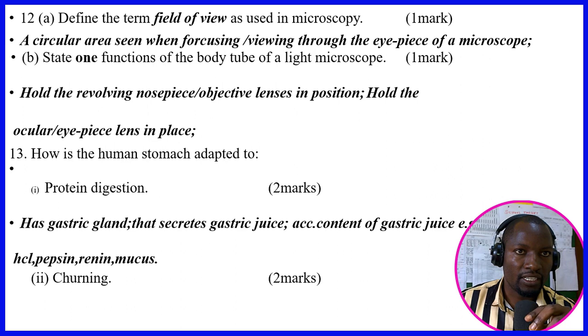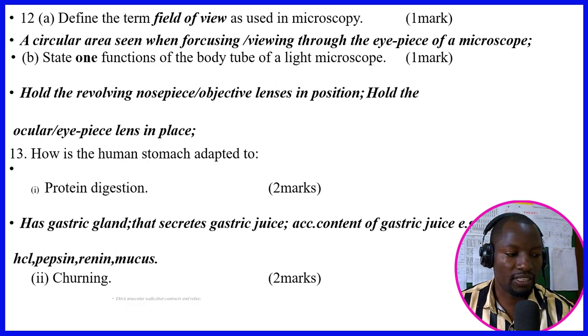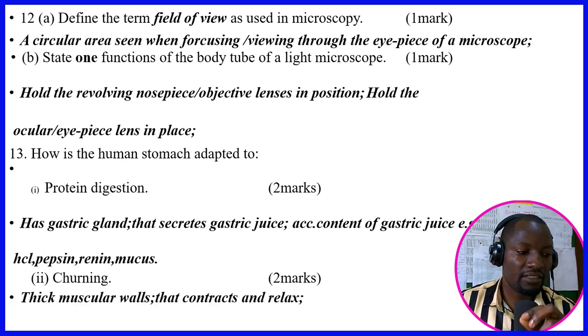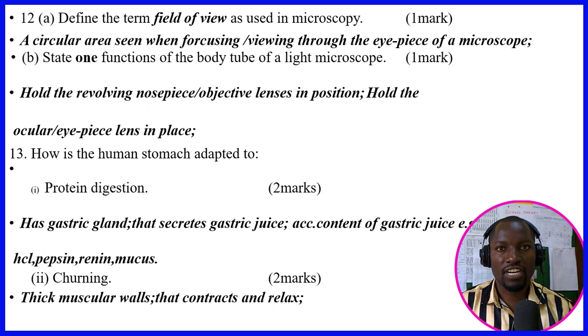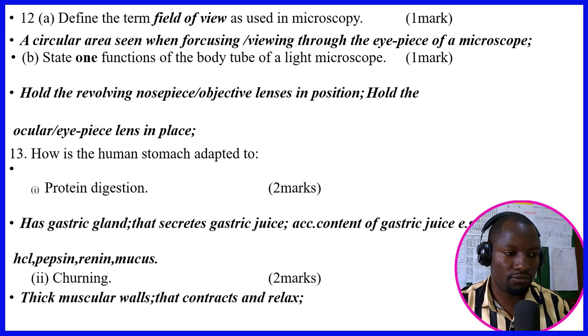Number 2, the stomach also performs churning of food. How is it adapted to do this? It has thick muscular walls that contract and relax. When they contract and relax, they churn the food, mixing it with the contents of the stomach.